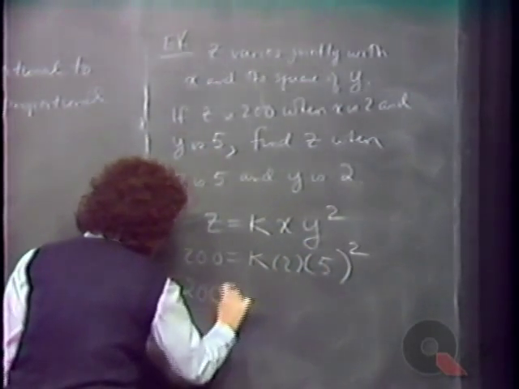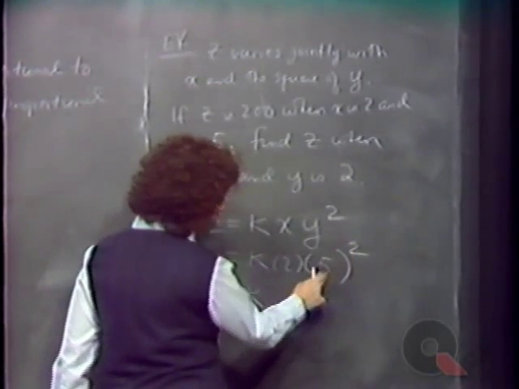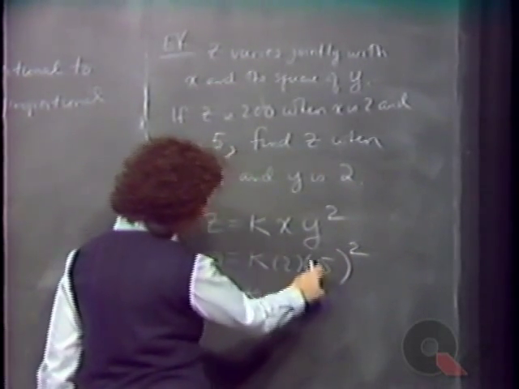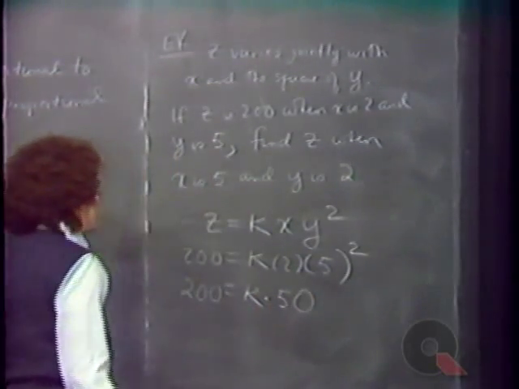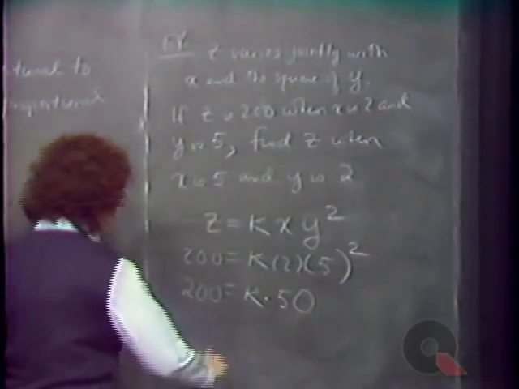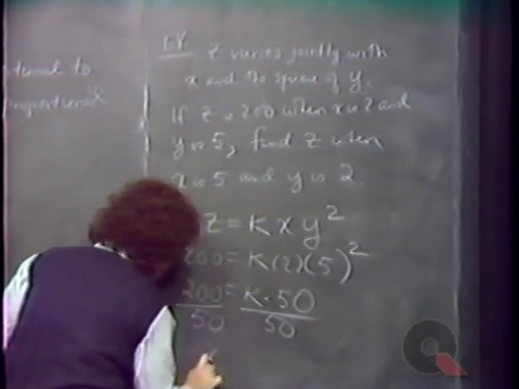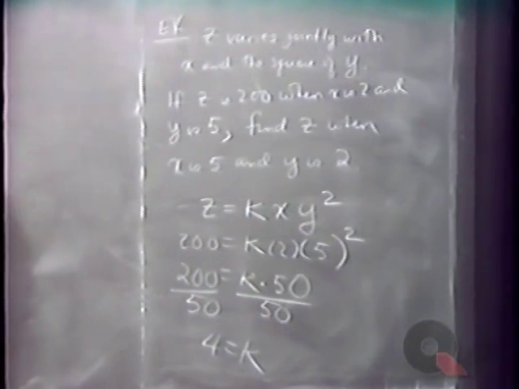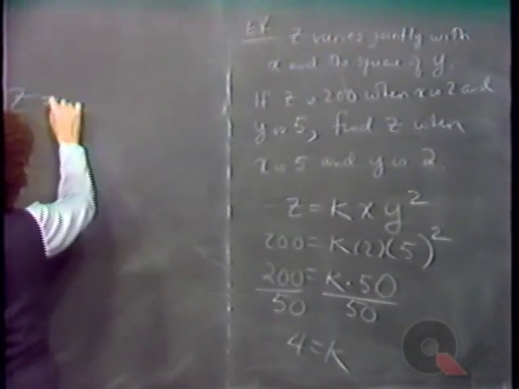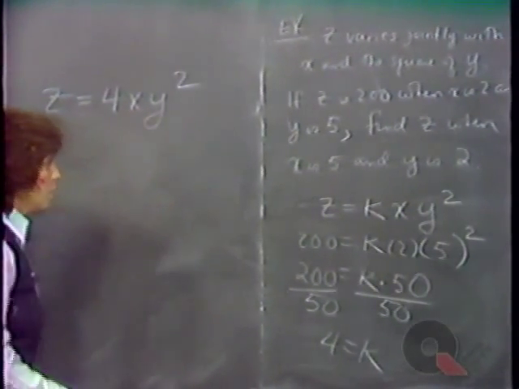That is 200 is k times, now 5 squared, that's 5 times 5 is 25 times 2. 200 is equal to 50k. Dividing both sides by 50, we get that k is equal to 4. So we have now that z is equal to kxy squared, or 4xy squared.